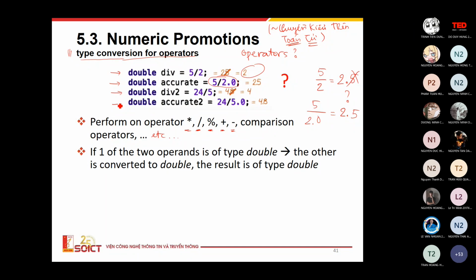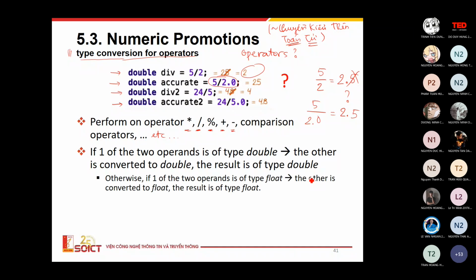If one of the two operands is of the type double, then the other will be converted to double, and the result will be double. Okay, this is the explanation for the numeric promotion. Otherwise, if one of the two operands is of the type float, the other will be converted to float, and the result will be float.